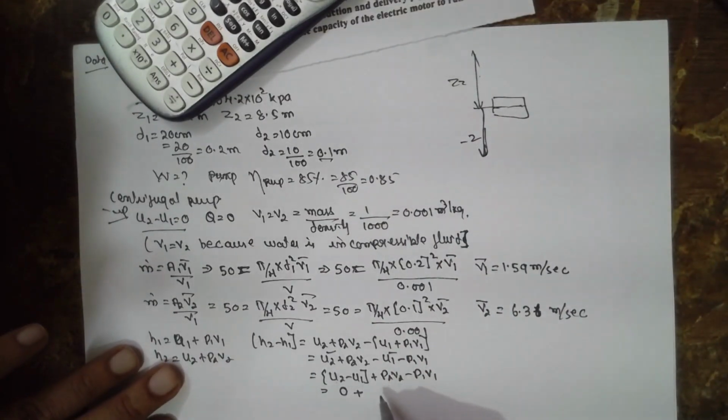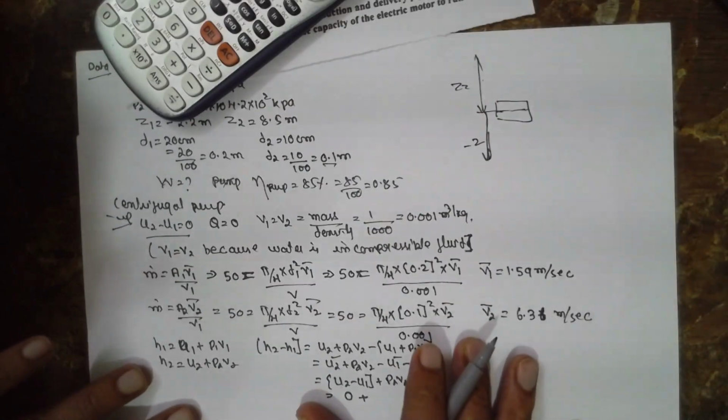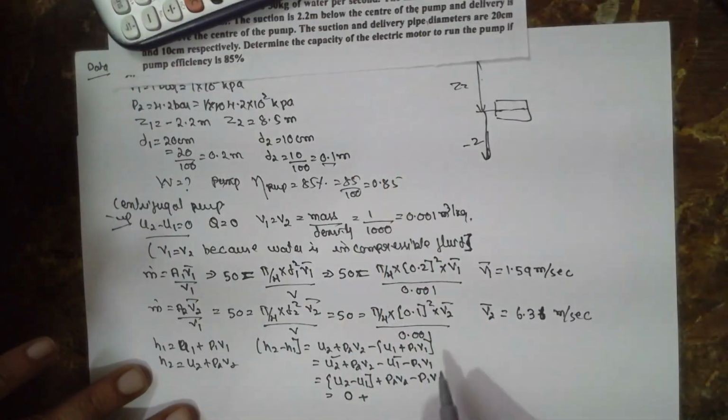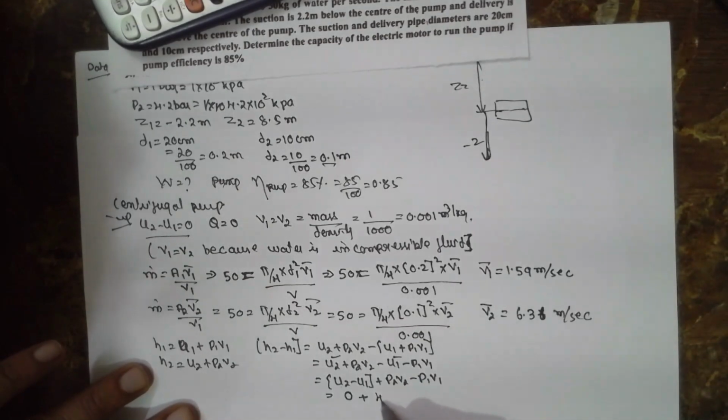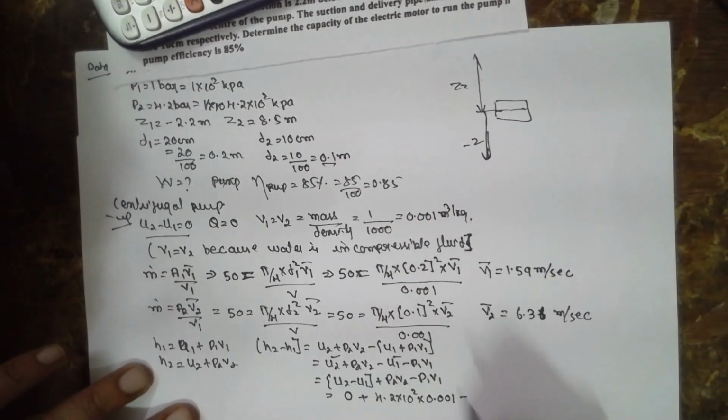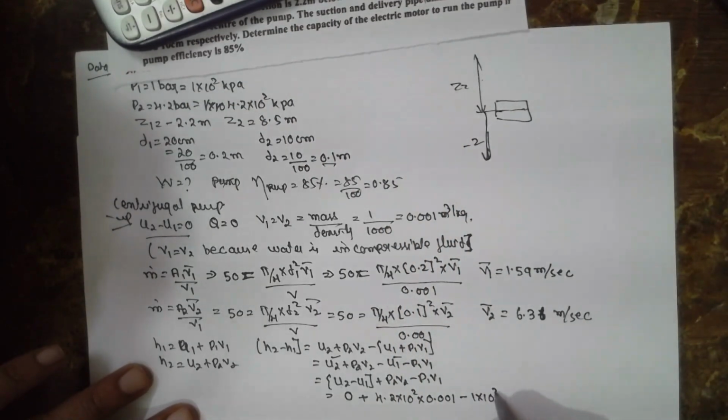Substitute here: 4.2 into 10 square into 0.001 minus 1 into 10 square into 0.001. If you calculate, the answer is 0.32 kilojoule per kg.